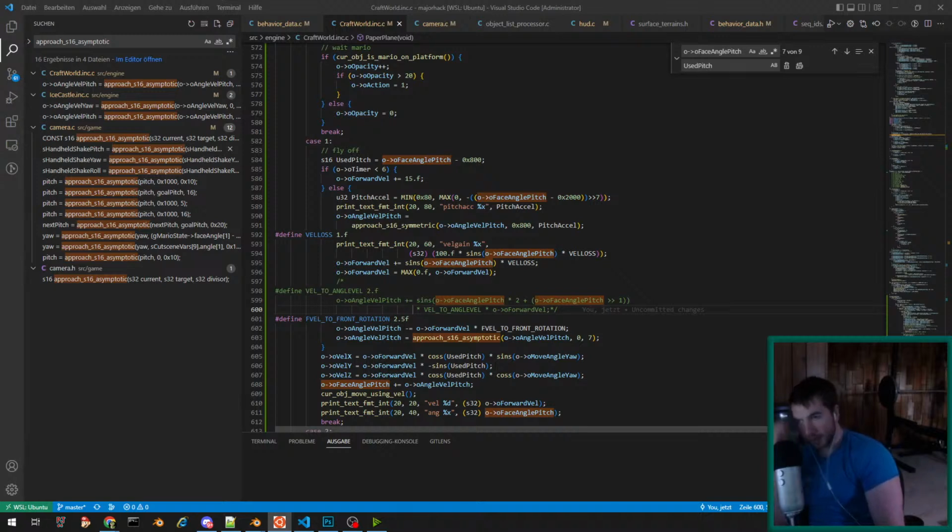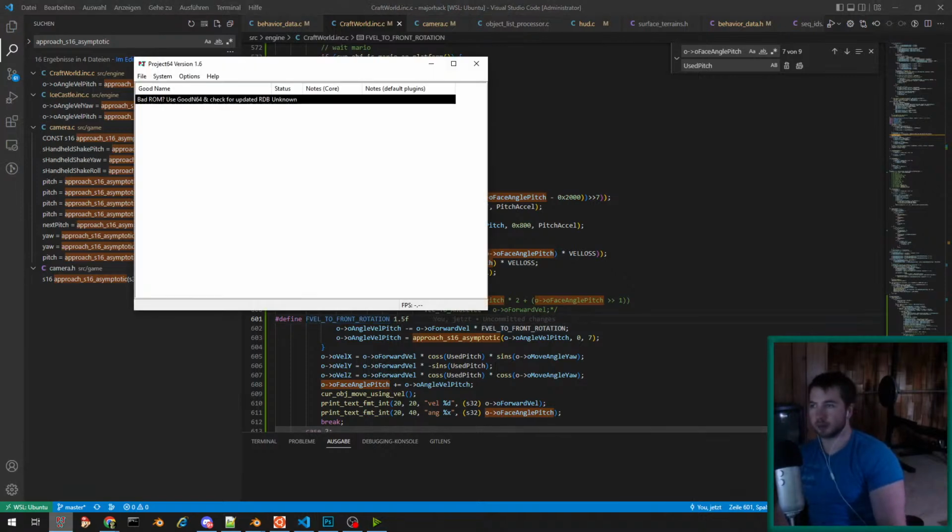Okay, so that stabilizes the thing. It still goes too high up at the beginning, which I don't like at all. But if I don't reduce this, then we're never gonna get back up. Right? What happens now?